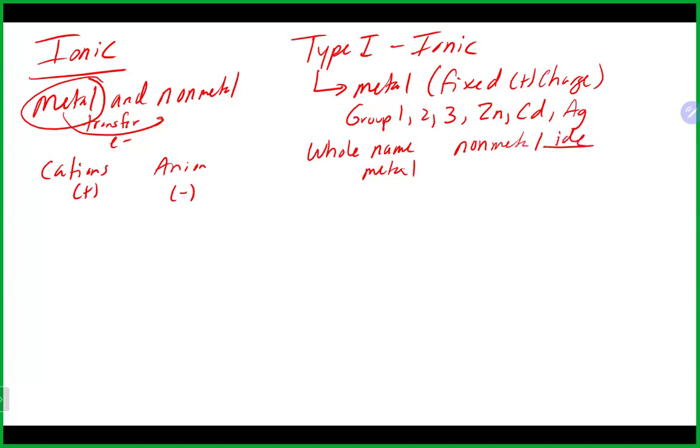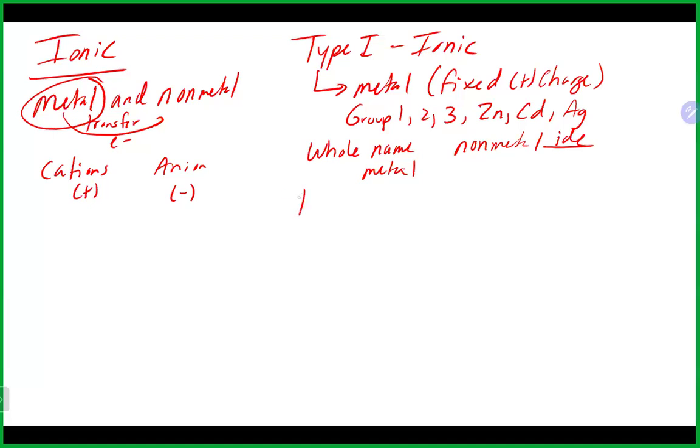We drop a little bit of the non-metal's part of the name at the end, and we put IDE in its place. Also remember that we never ever use prefixes when we have a metal involved. So that's usually a for sure wrong answer if you're using any type of prefix in this situation, if there is a metal involved.